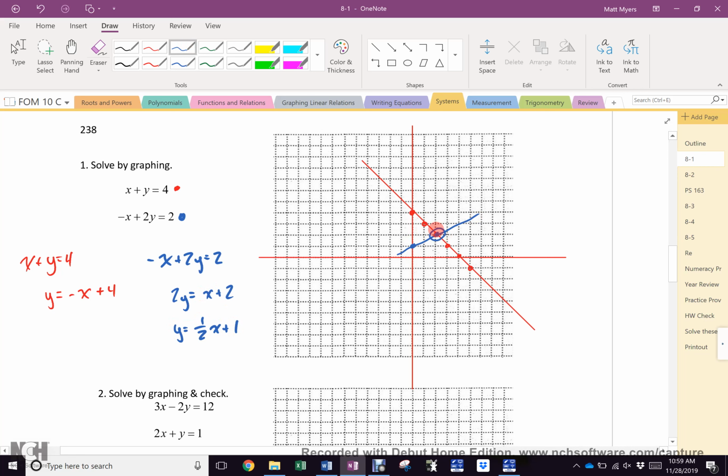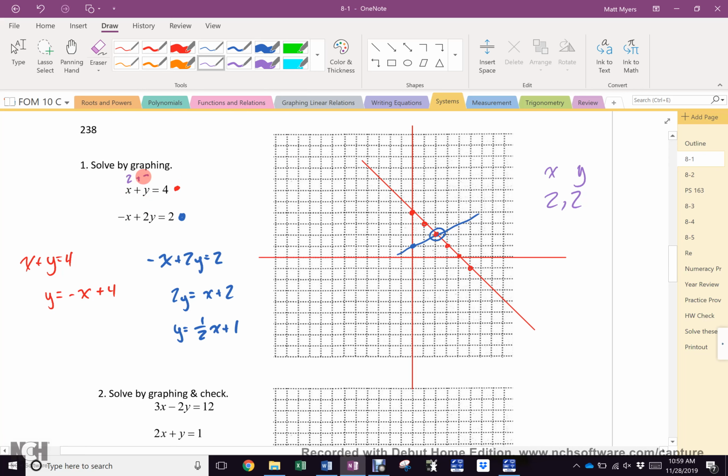I intersected. What is that point? Two. Now, what letter does that 2 represent? X. What letter does that 2 represent? What letter do you see right there?